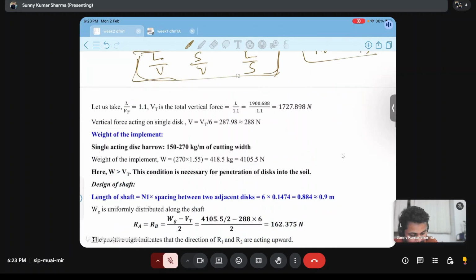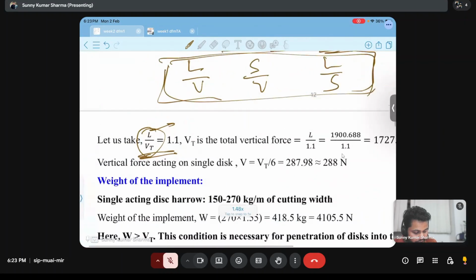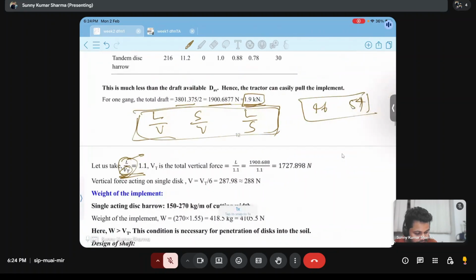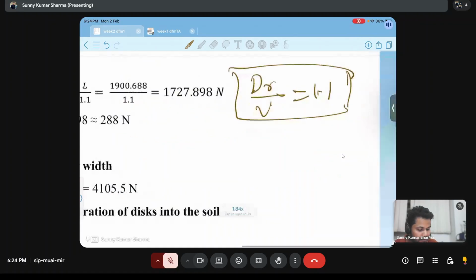For 51 centimeter, L by V ratio is 1.11, where V is the vertical force and L is the draft. So what draft are we getting? 1900. This is the draft value for one gang. So this is draft divided by vertical force. We have 1.11, from the standard table.